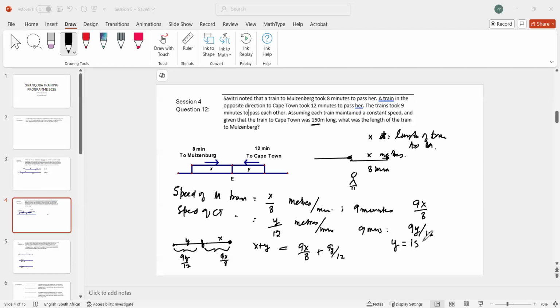I didn't put that information in because it's easier to work with symbols like this. Now, if I want to get rid of the fractions, 8 and 12 here, I have to multiply by a common denominator, and 24 is the common denominator. 8 goes into 24 3 times. So let's just multiply by 24 on both sides.